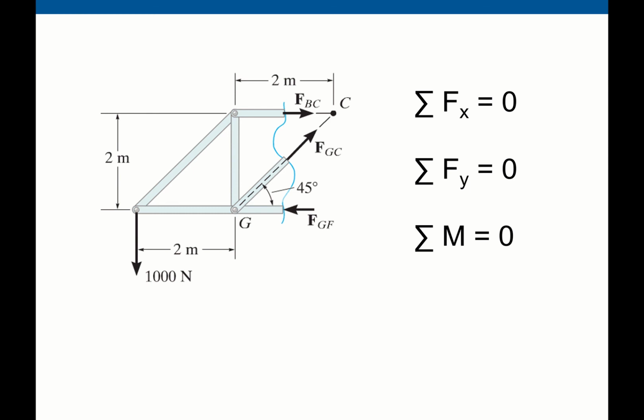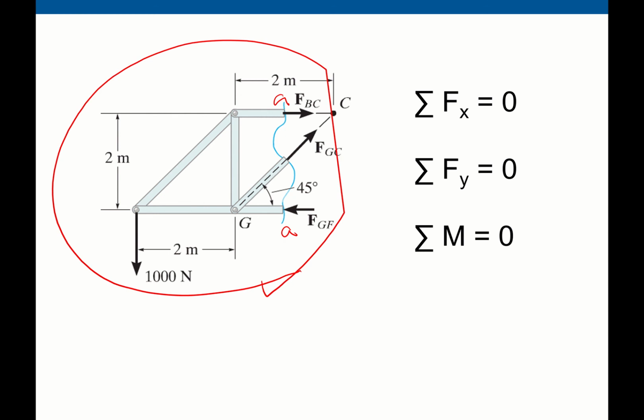So like I showed you before, let's say we cut along line AA. We cut the truss in half. Then, since the entire truss is in equilibrium, we can say that the divided, cut area is also in equilibrium.